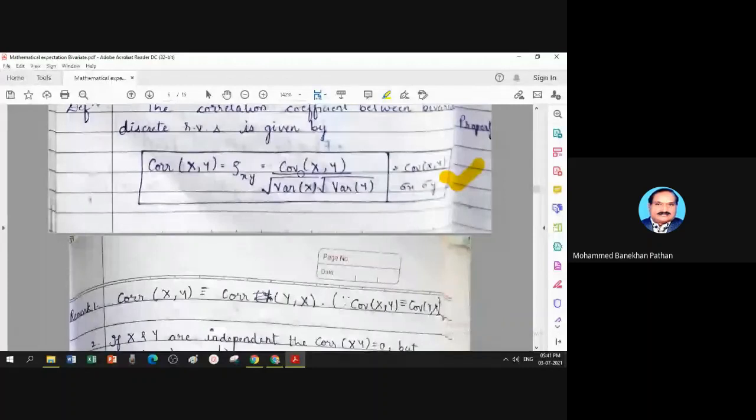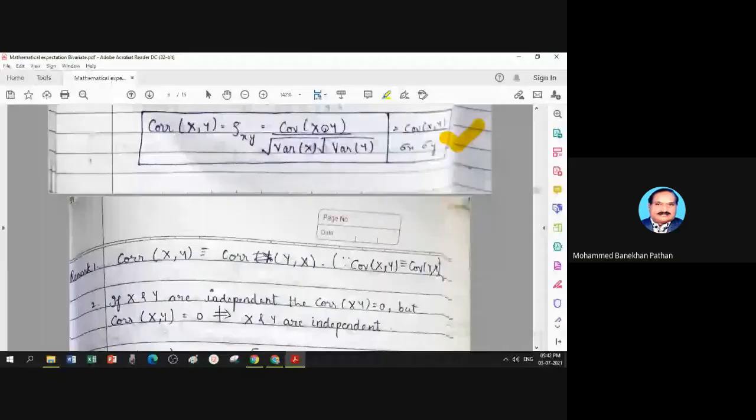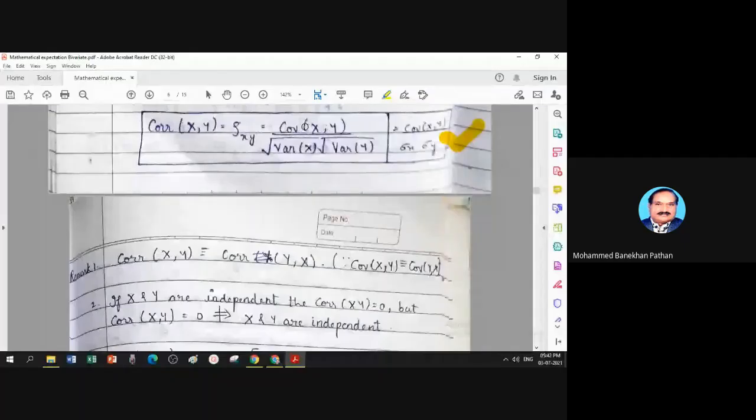So it is quite trivial to justify remark 2. If x and y are independent, covariance is 0, and 0 divided by any number is 0. So under independence, correlation is 0.